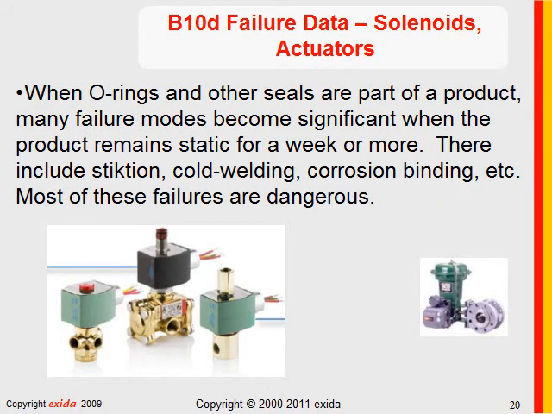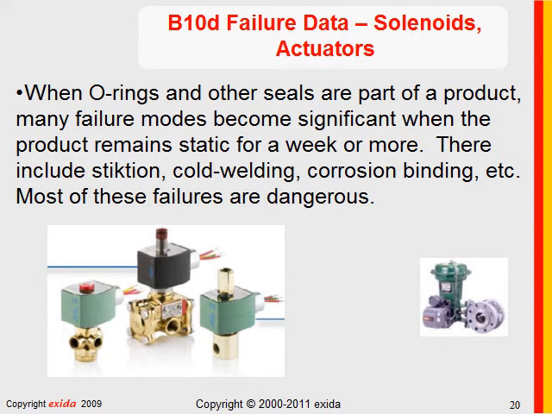It's even worse with solenoids and actuators and products that have seals. When O-rings or other seals are part of a product, many failure modes become very significant when a product remains static for basically 100, 200 hours, 1 week. Stiction, cold welding, corrosion binding.